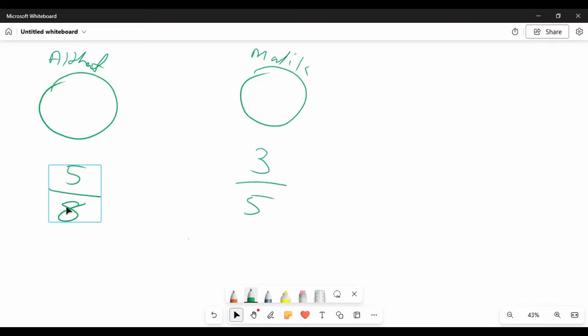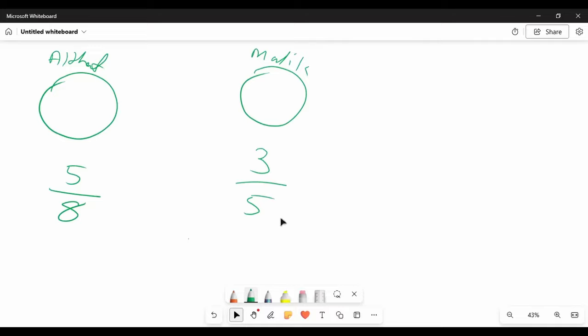First understand the reason. We are going to make the denominators the same. The reason is because if we have the same denominators, it will be easy for us to compare the two fractions. Understood the reason why we have to do this? Okay, so we have to make the denominators the same, because if the denominators are same, we can easily compare fractions.